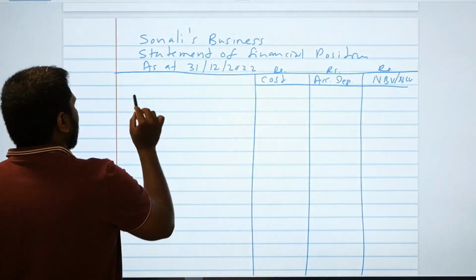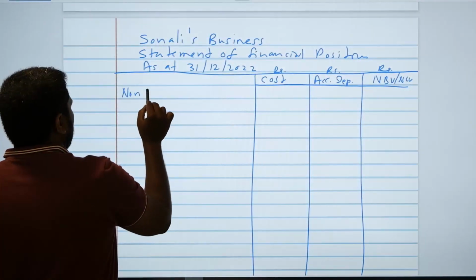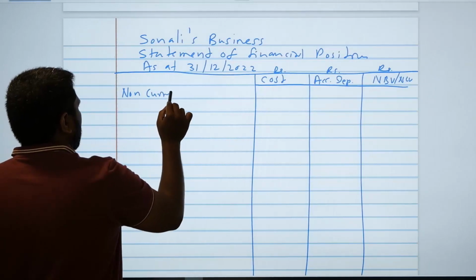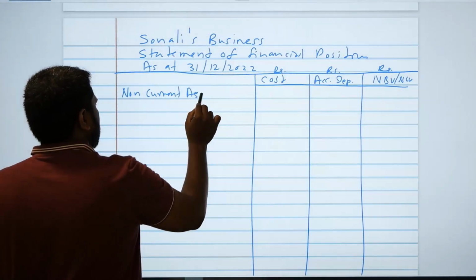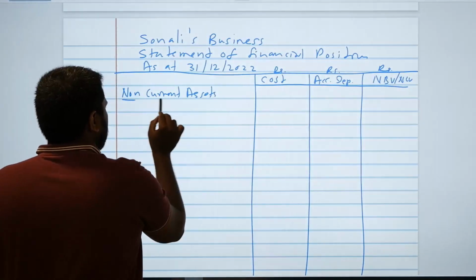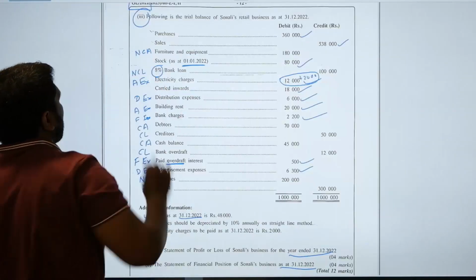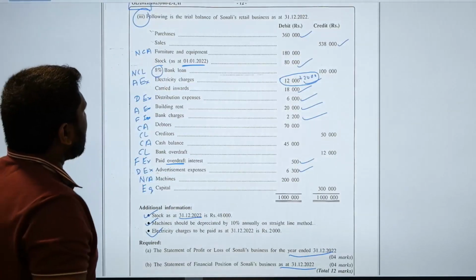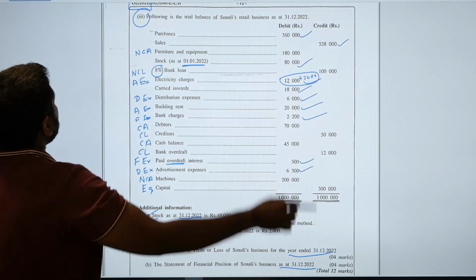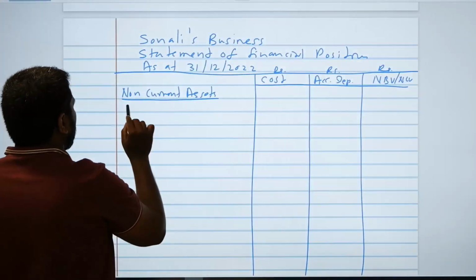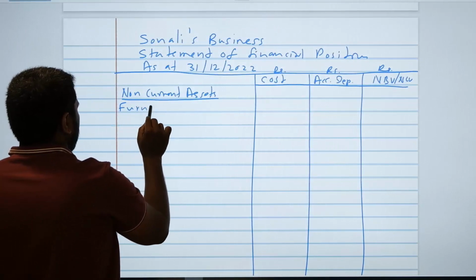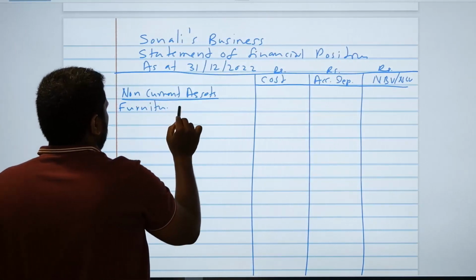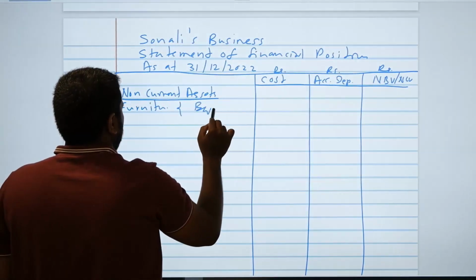We have to start with the non-current assets. So what are the non-current assets that we have? Furniture and equipment.